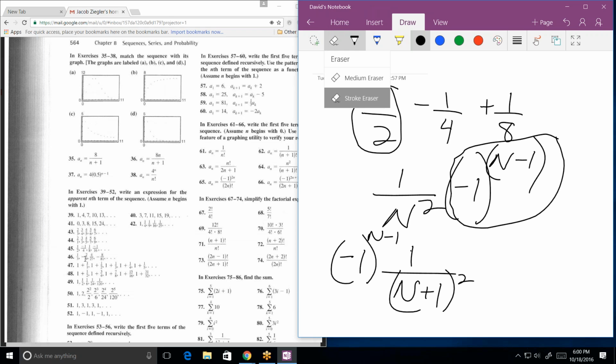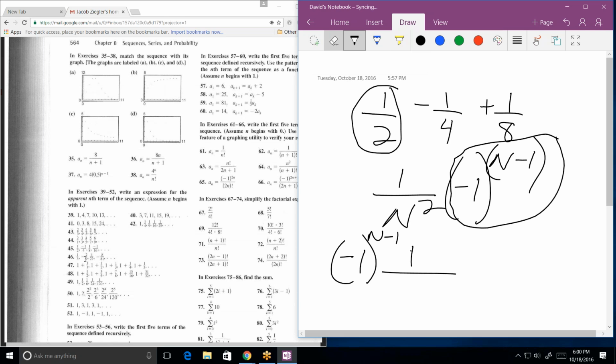Let's take away the squared. Now we get 1/2 as a first term, but we don't give -1/4 as a second term. It's got to be this. I think. When n is 1, no, we don't get 1/2.